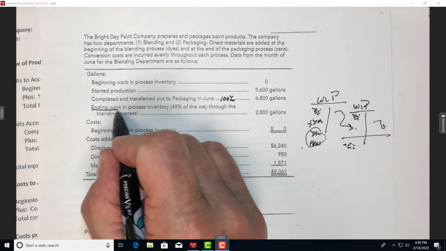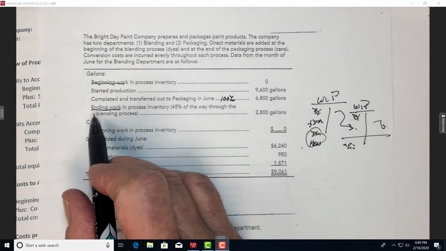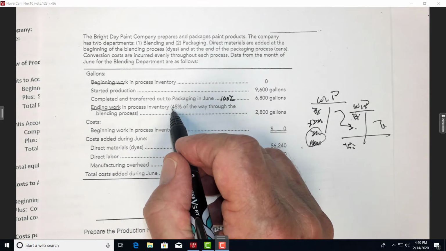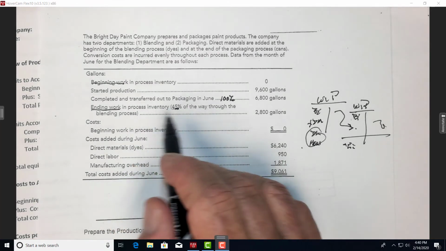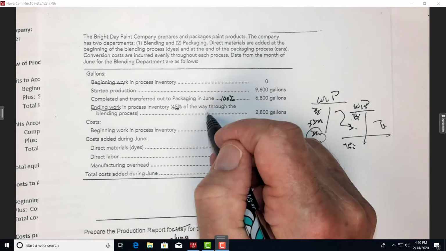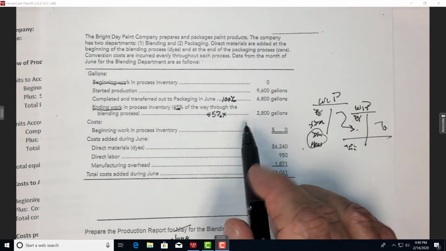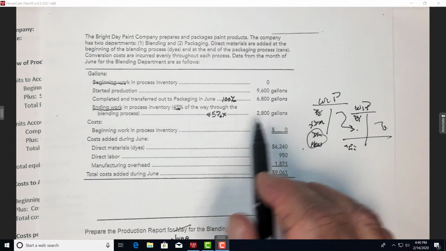Ending work in process: here's beginning work, here's transferred out, and this is ending work in process, which is 45% of the way through the blending process. So the blending process is going to be 45% times the ending work.